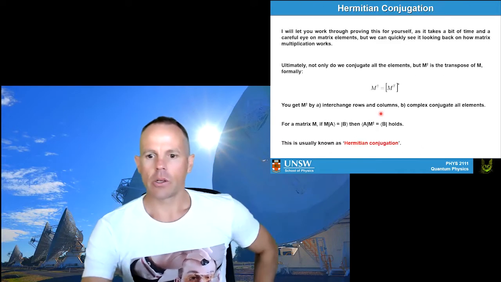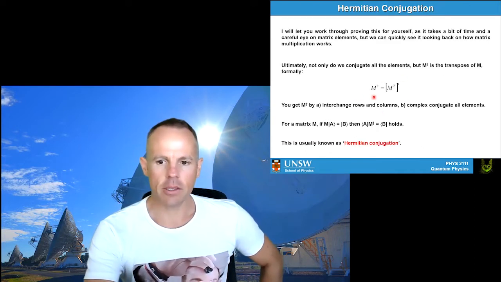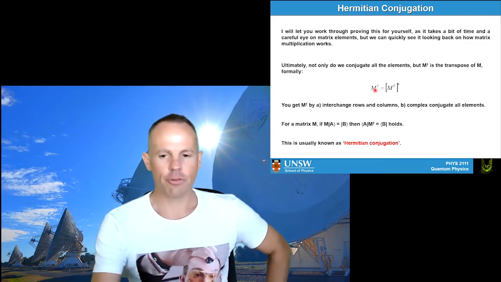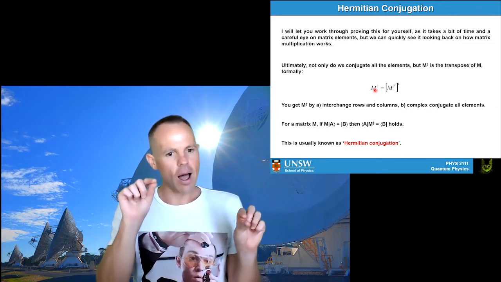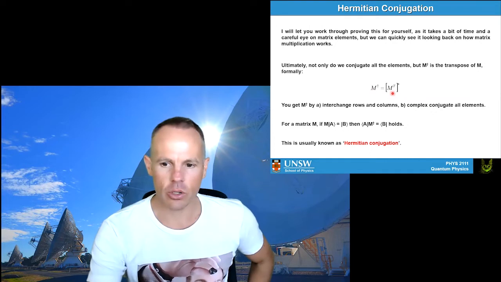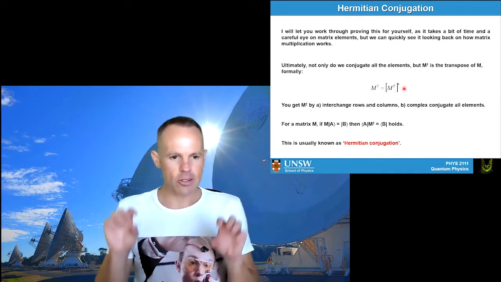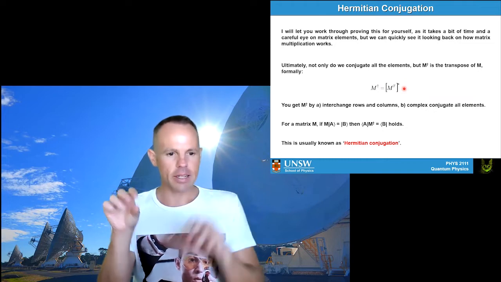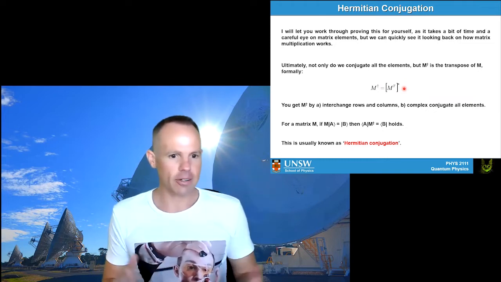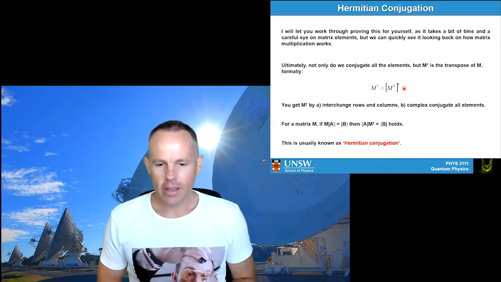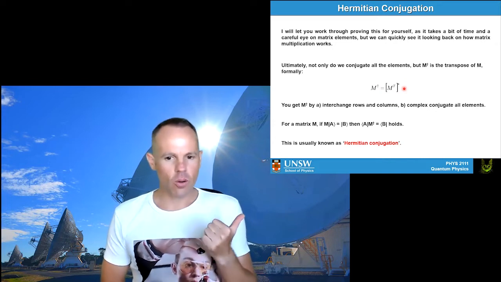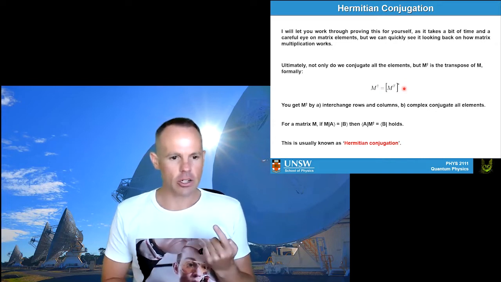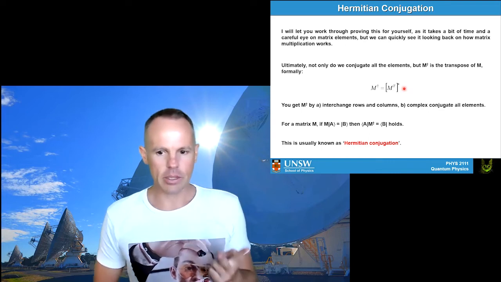All right, so just to recap, this is the main reason why we have the dagger here for the matrix and not just the star, because what we're actually doing is taking the transpose and the conjugate, and to give you a symbol that doesn't look like a T and doesn't look like a star, we just go to a dagger. It's like a hybrid of the two, okay? So always remember this: if you're getting the conjugate of a matrix, interchange the rows and columns, and take the complex conjugate of all the elements, okay?